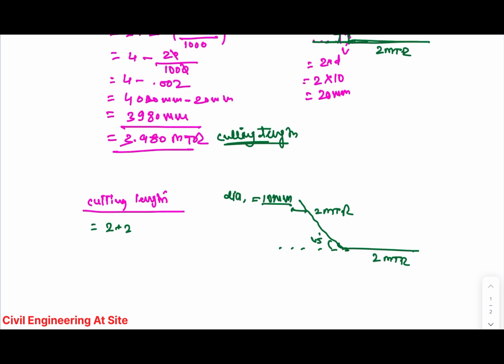Here the length increase of the bar is 1 into d, and 1 into d is 10 mm, so we will minus 10 mm. So 4 meter is equal to 4000 mm, minus 10, so 3990 mm will be the cutting length for this shape of the bar.